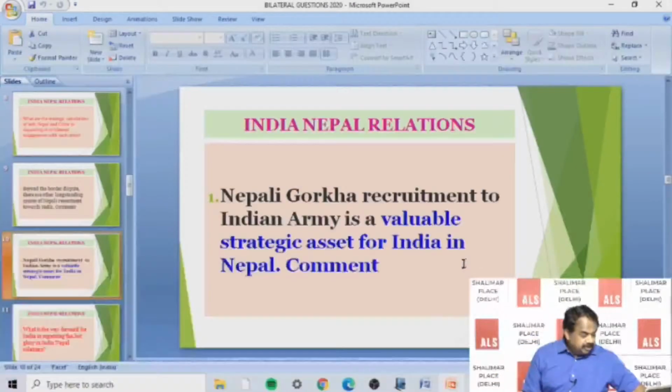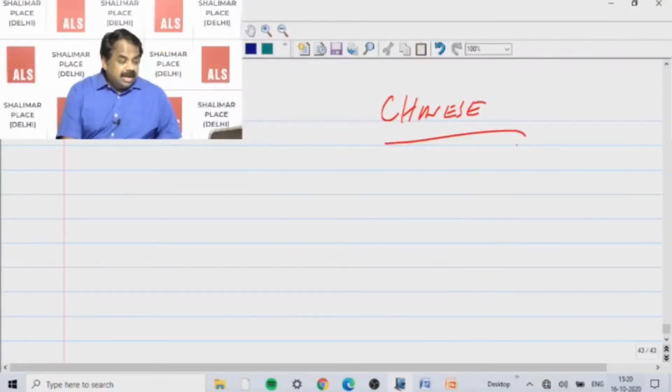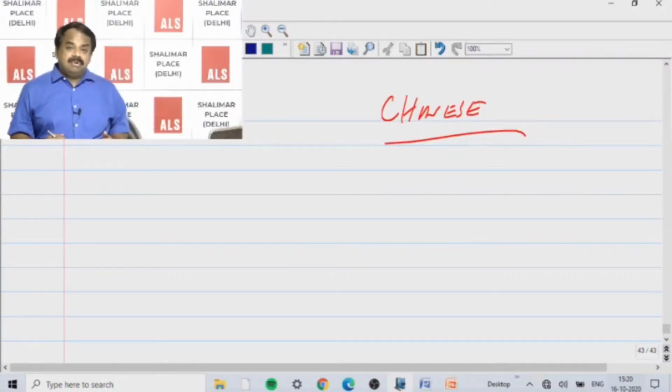So that is the concept. A couple of points in this. First of all, even during the border dispute, the foreign minister of Nepal was talking about the Gurkhas, that they may even revolt. That kind of statement they made. Even the Chinese know that the Gurkha regiments in the Indian Army are a big factor.